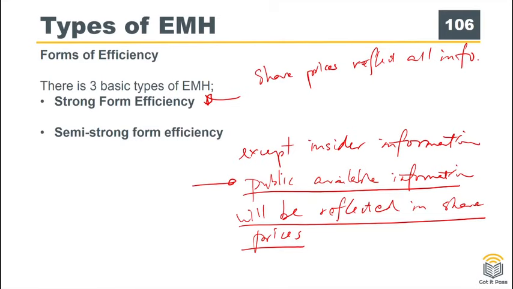If corporate governance, disclosure requirements and regulatory bodies are not controlling these activities well, then it can happen. So it's very important for a market to prevent any insider trading, because it is not good for other investors with access only to public information.